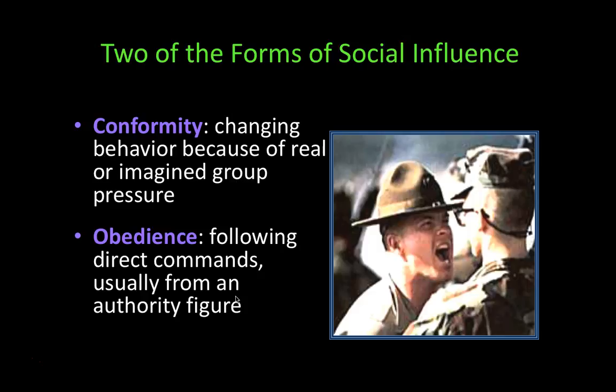Later, we'll talk about other forms of social influence having to do with essentially group dynamics. But let's start here. Conformity involves the situation when one changes one's behavior because of real or imagined group pressure. Obedience has to do with following commands from an authority figure in particular.